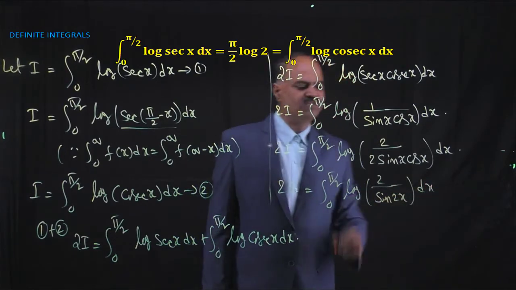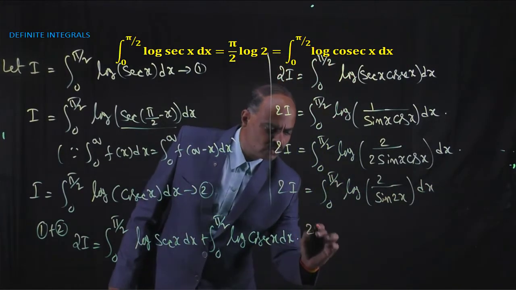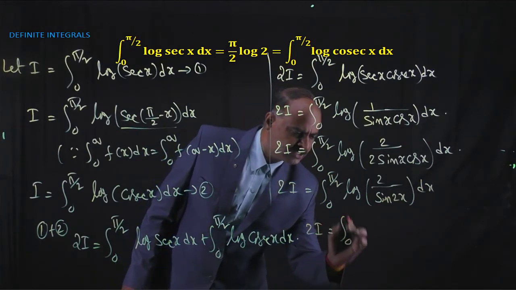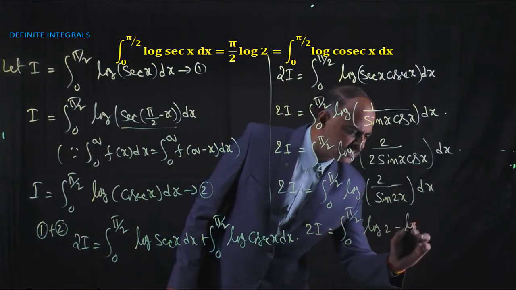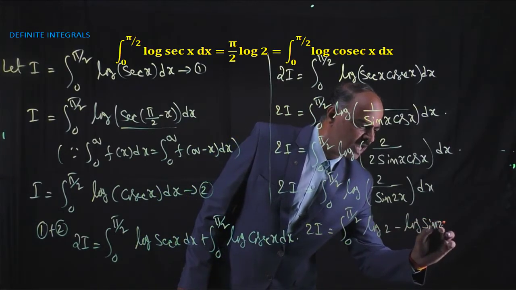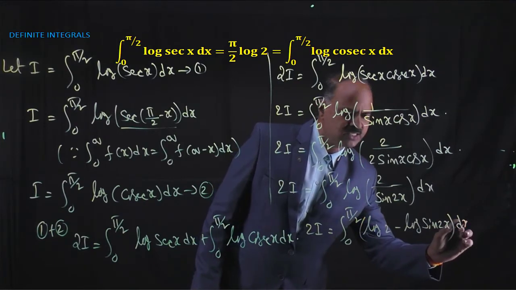Now this is of the form log m by n, so write log m minus log n. So 2I equals integral 0 to pi by 2 of log 2 minus log sin 2x dx.